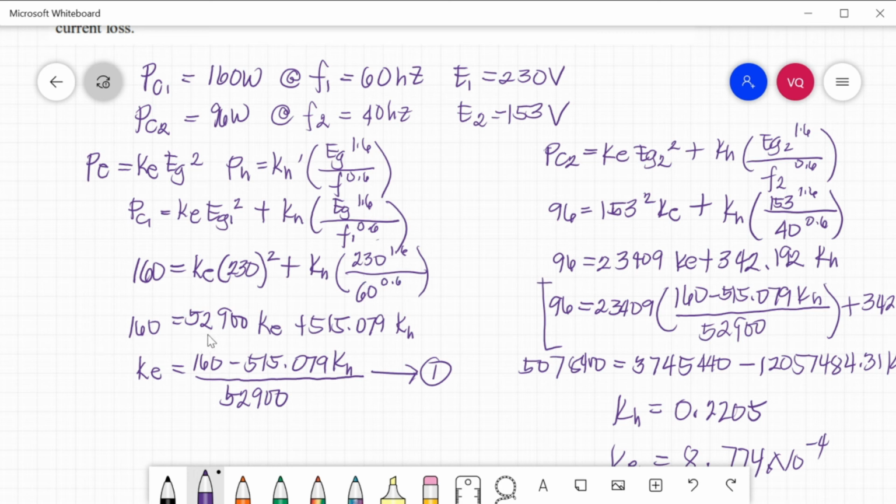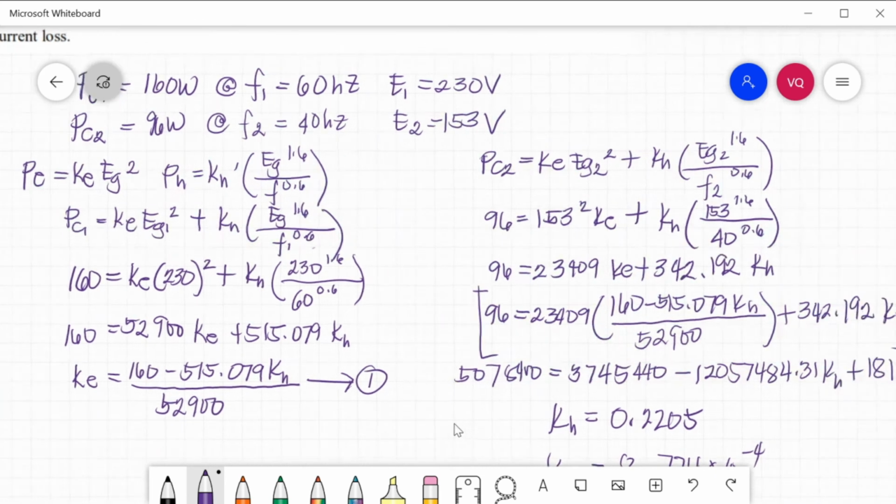So 160 is equal to 52,900 KE plus 515.079 KH. So our equation 1 will be KE is equal to 160 minus 515.079 KH divided by 52,900.